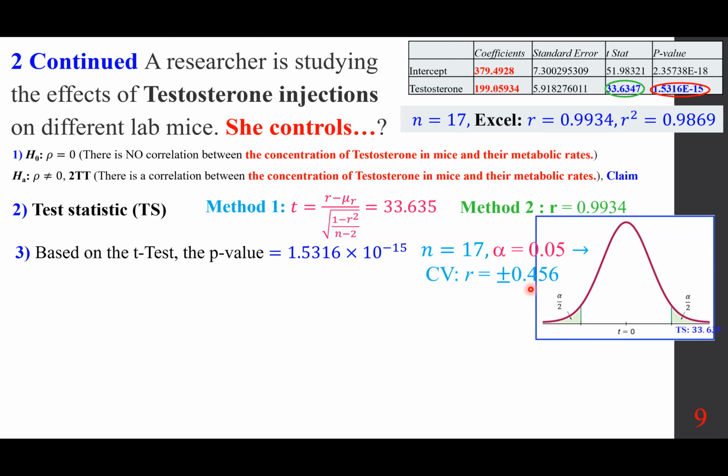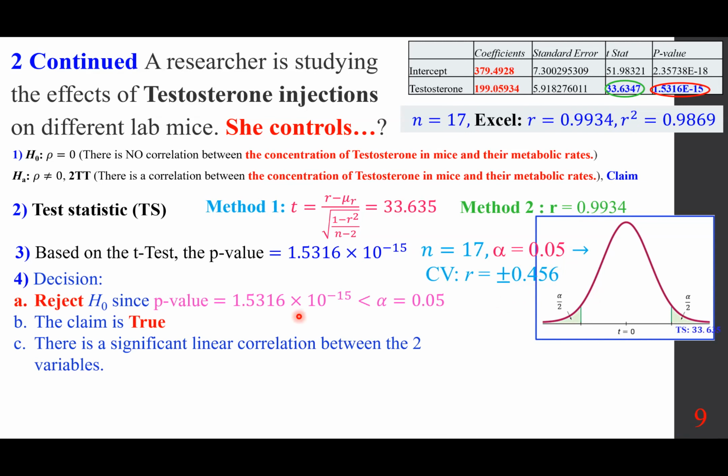And this is way larger than positive 0.456. The p-value is way less than alpha, in which case we reject H0. So when you reject H0, loosely put, you accept HA or H1, so the claim becomes true.